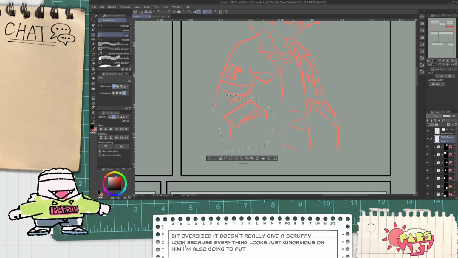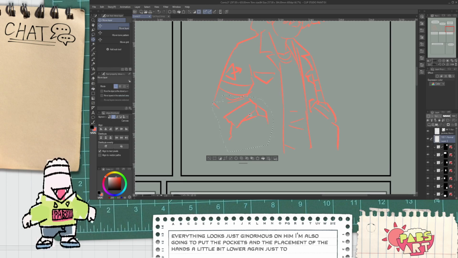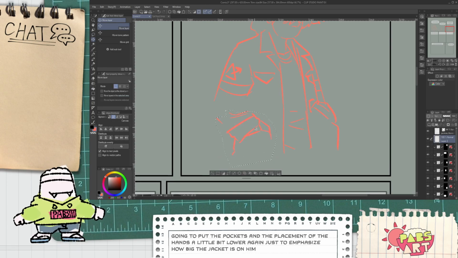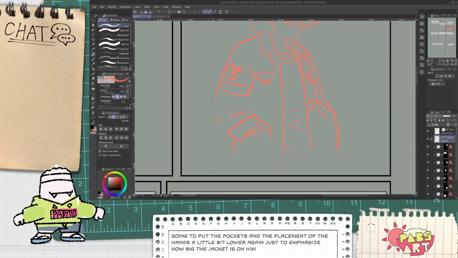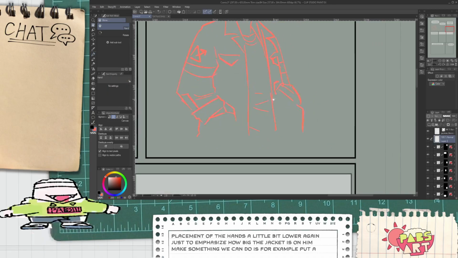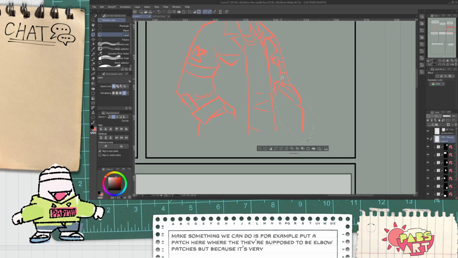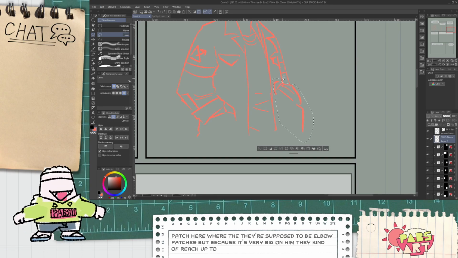I'm also going to put the pockets and the placement of the hands a little bit lower, again, just to emphasize how big the jacket is on him. Maybe something we can do is, for example, put a patch here where they're supposed to be elbow patches, but because it's very big on him, they kind of reach up to his forearm, and he has to roll up the sleeves to get to the rest.